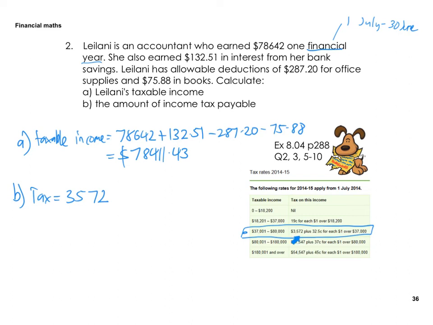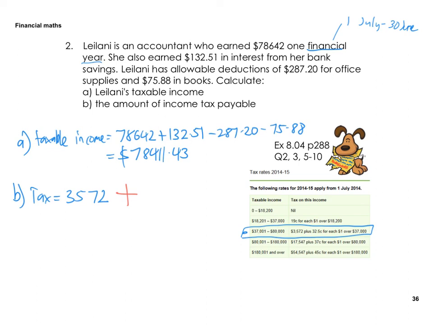Now plus, let's put it in red to make it clear, plus. Now 32.5 cents for each dollar over $37,000. So we need to work out how far over this we are. So I'm going to take my actual income, take away this, then multiply by the rates.